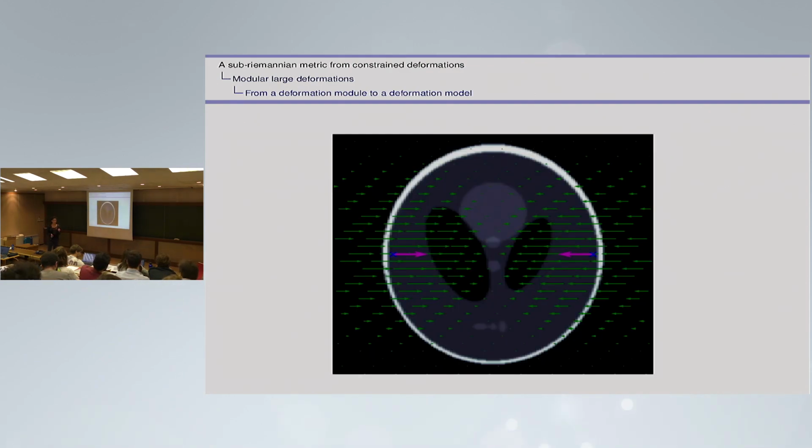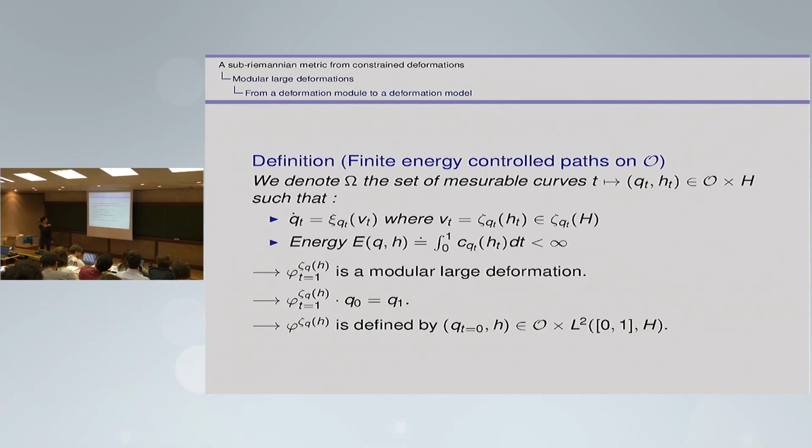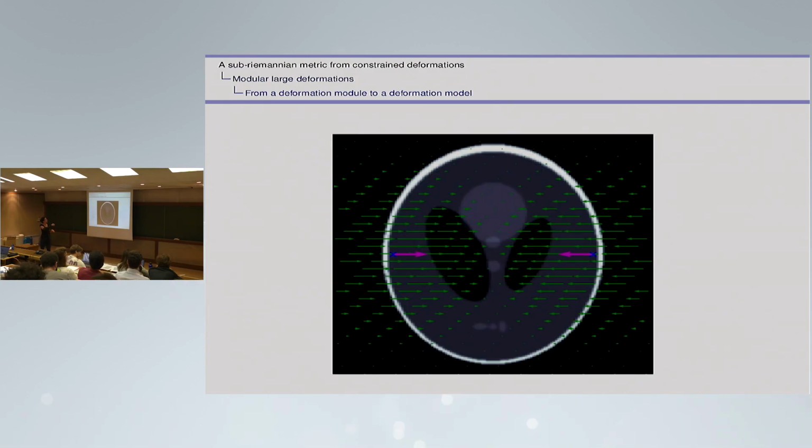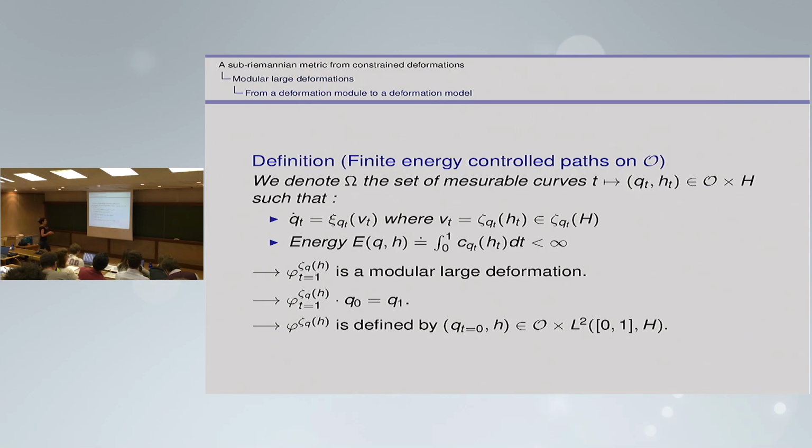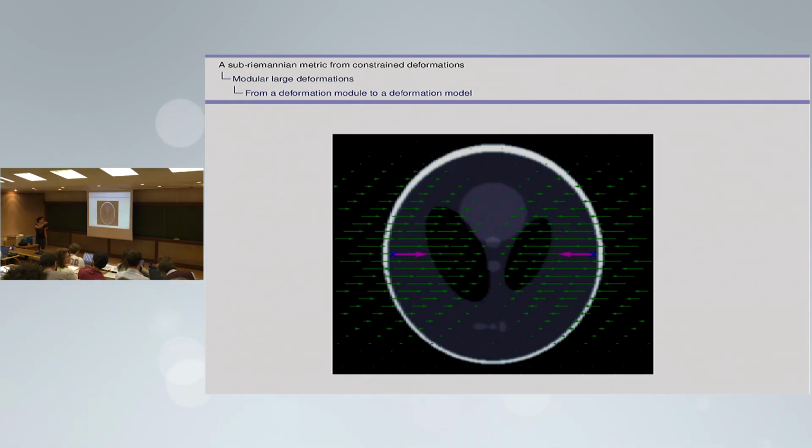So let me show an example of large deformations that can be built by the deformation module that I defined earlier, and that was generating contracting and dilating field. As they also build vector fields and diffeomorphism, I can apply the deformation that is built to this image.